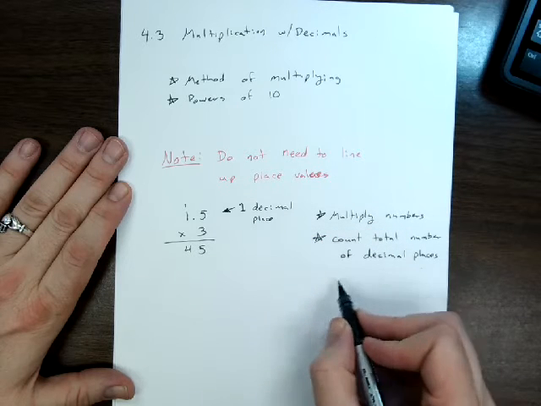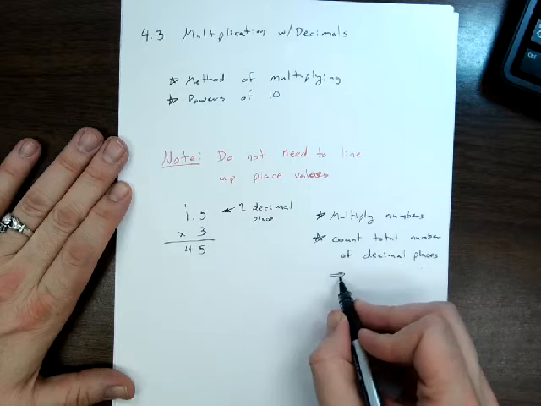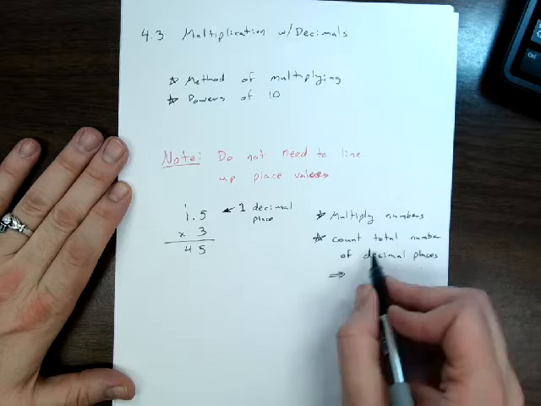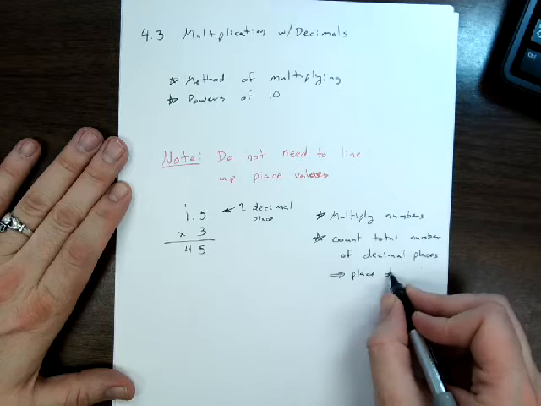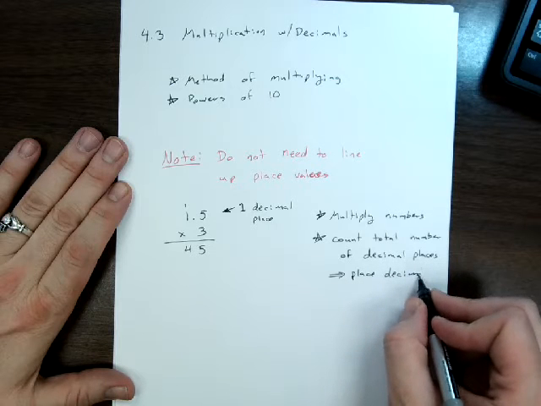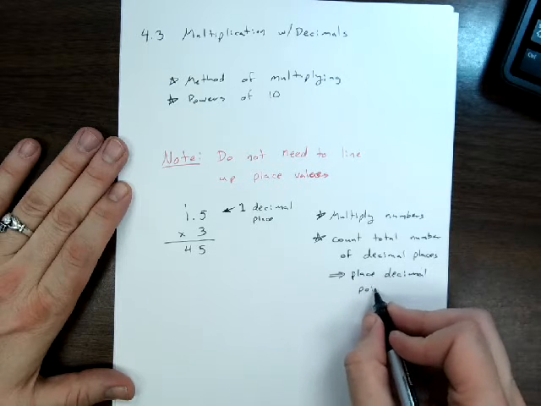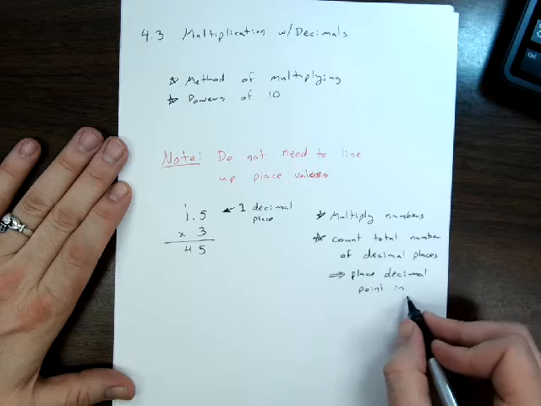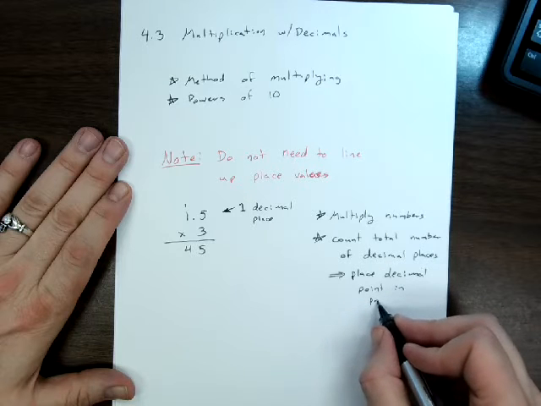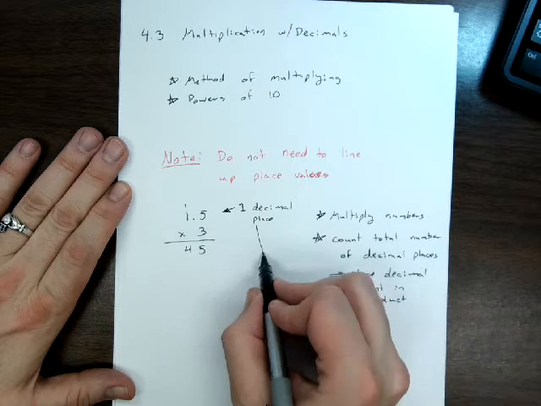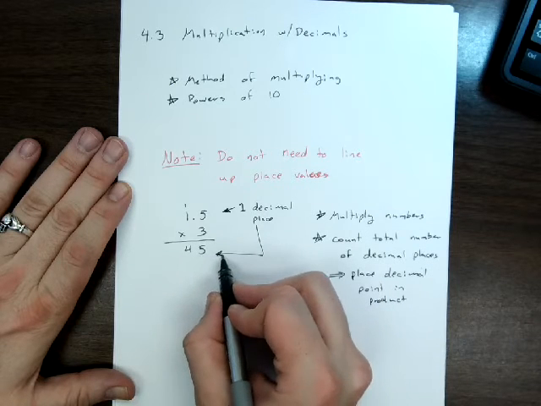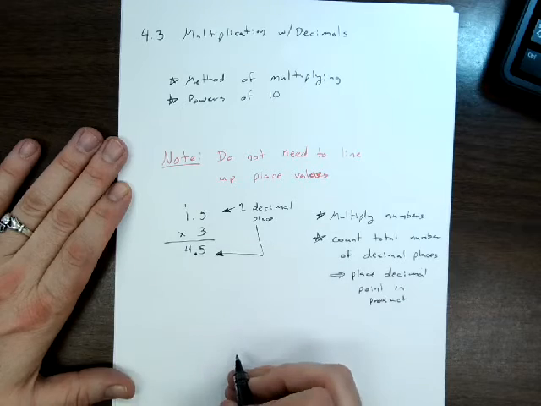And what we're going to do is place that number of decimal places in our answer. So that means with only one decimal place, this is going to be 4.5.